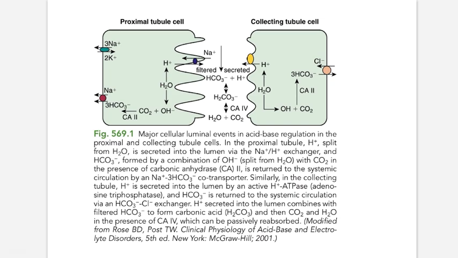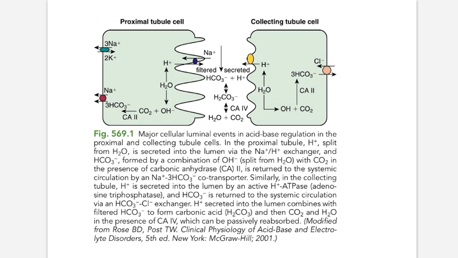Don't get overwhelmed by the information in this slide. This is the proximal tubule cell, and this is the collecting tubule cell. In these two images, the main focus will be on bicarbonate.